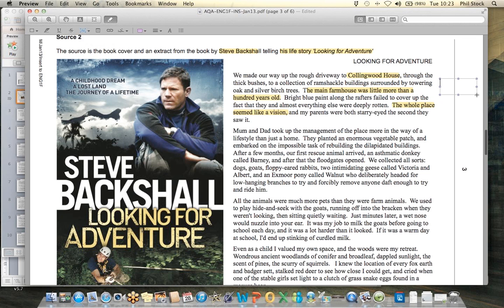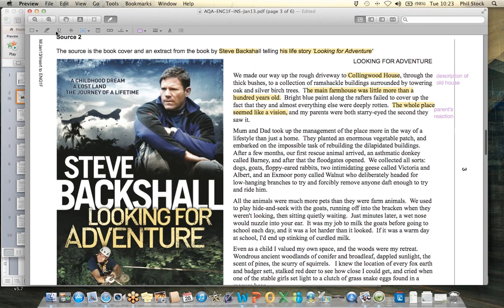It's got a farm as part of it. So I'm going to put description of old house. Again, some of the features you might associate with narrative. And I might put here, just to remind me, his parents' reaction to it. So he was obviously still living with his parents at this time. So this is going to be, one would suspect, a childhood memory. And I've inferred that from the way that it's written.